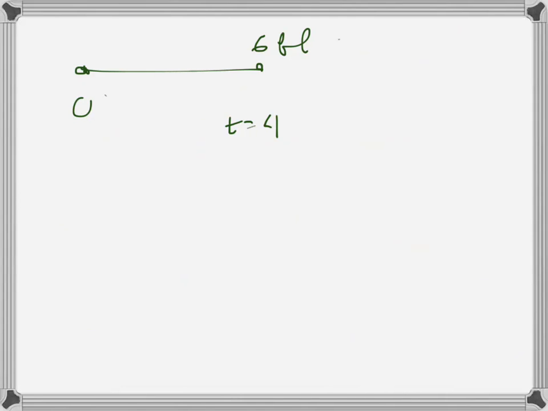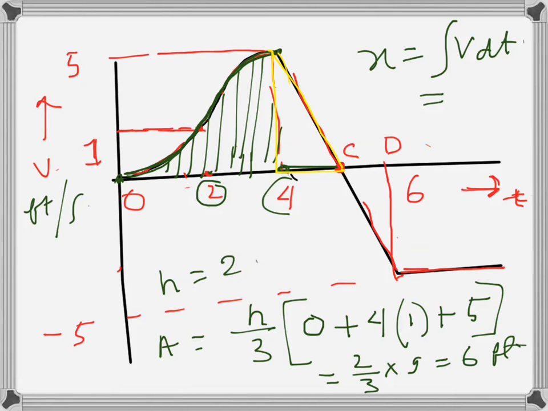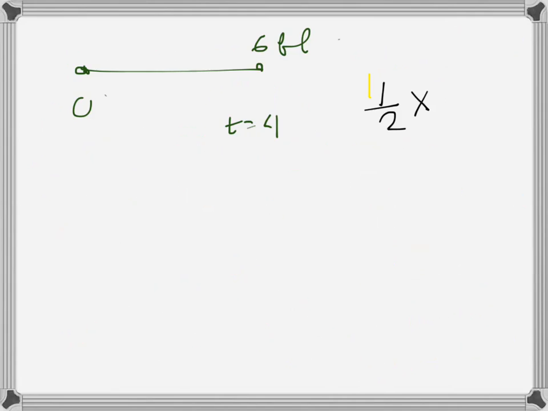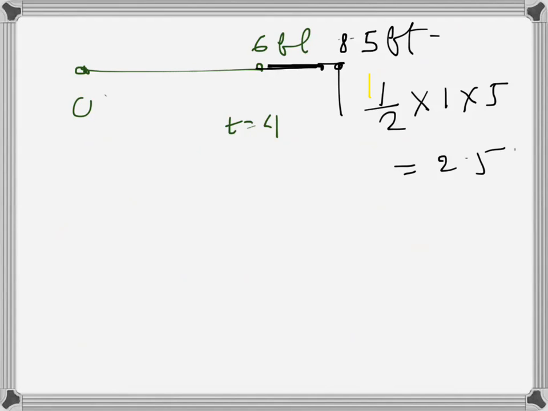So this one will be half times this one is just 1 and then 5, so half times 1 times 5 is 2.5. So for the next 1 second it goes another 2.5, so it is at 8.5 feet at t equal to 5 seconds.